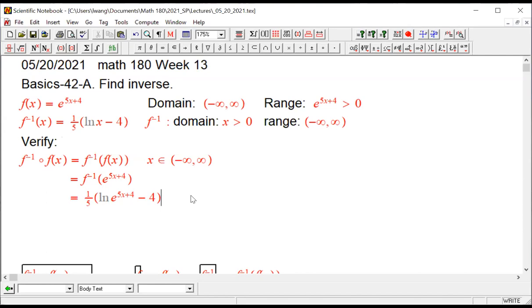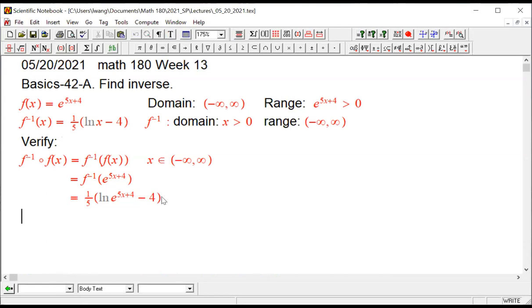With that substitution, if this were x, that was x, because that's the rule of the function. Now this x is changed to e to the power 5x plus 4, and this x will change to e to the power 5x plus 4. Do you guys follow?